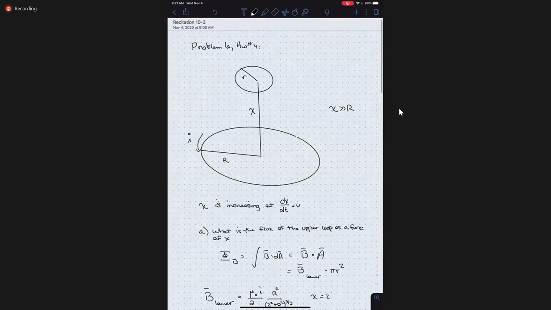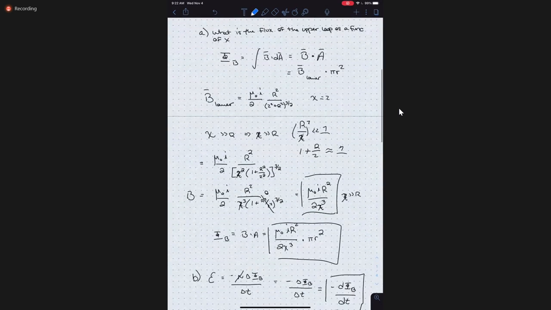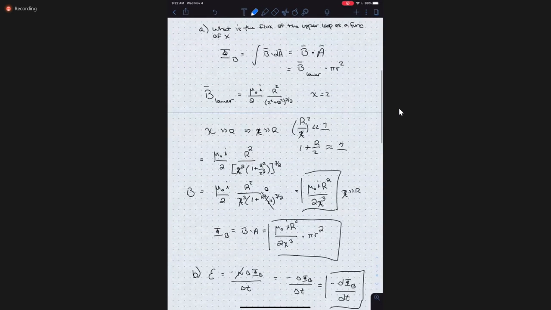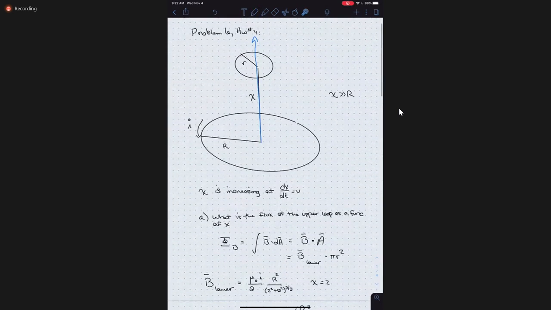Let's draw it out. We see that the flux is pointing upwards originally. That number is exactly mu naught I R squared pi little r squared over 2x cubed. It's this mess over here. That was the original flux, and it's pointing upwards.